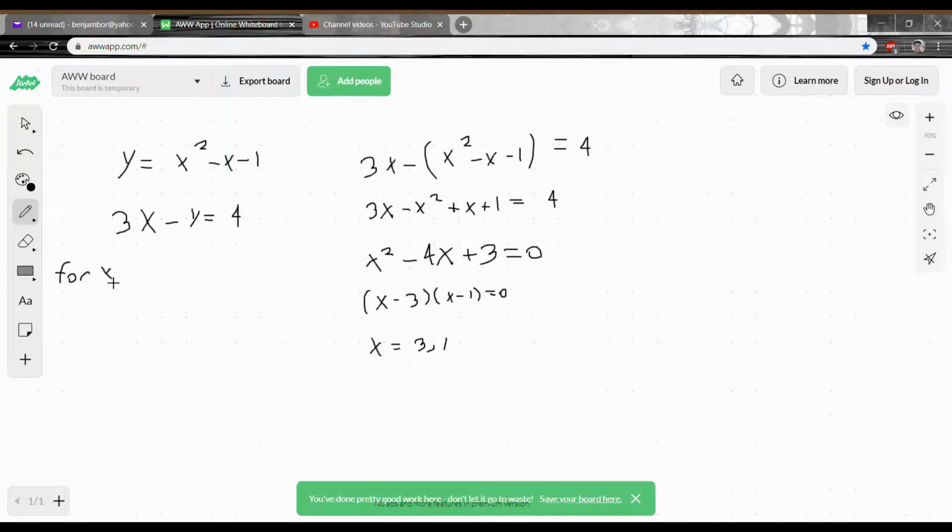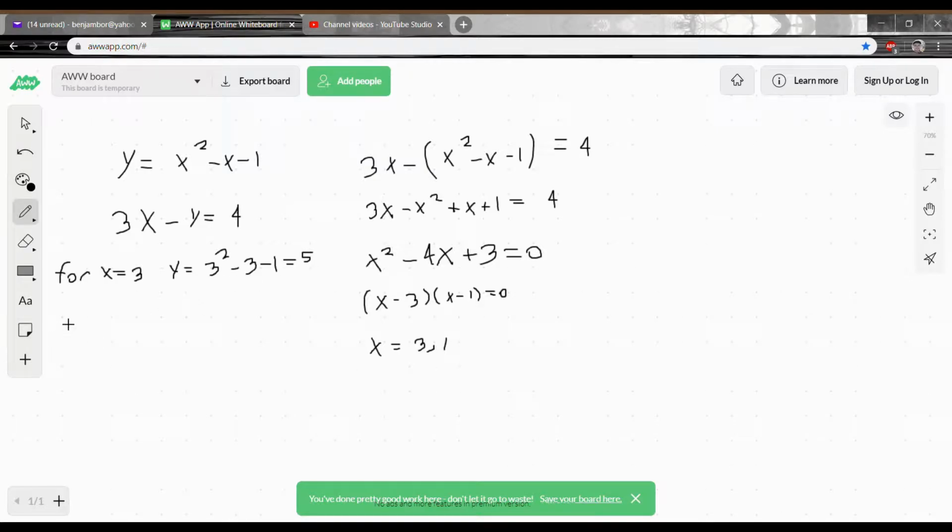For x equals 3, we can plug x equals 3 into this equation here. So y is going to equal 3 squared minus 3 minus 1. 3 squared is 9, minus 3 is 6, minus 1 is 5. So when x is 3, y is 5.